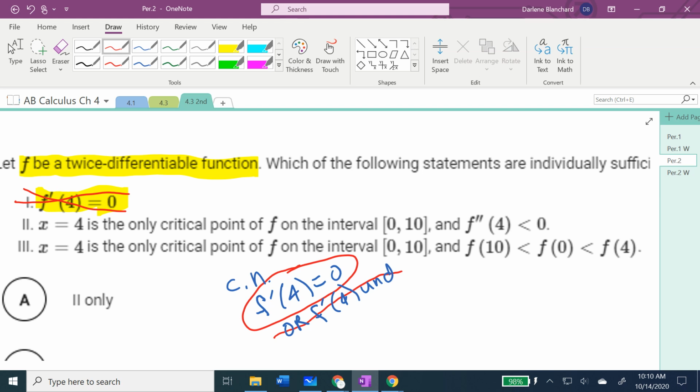That means that everywhere that isn't x equals 4, you either have a positive slope or a negative slope. And then you find out that the second derivative at 4 is negative. Do you agree that it's a relative maximum for sure?